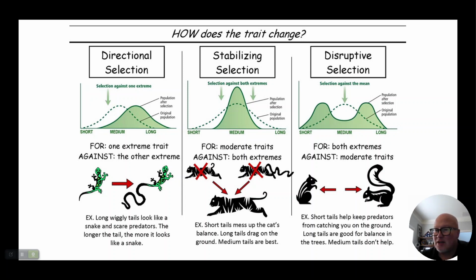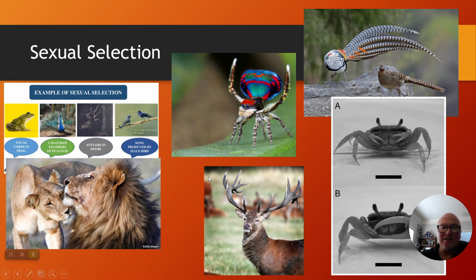So besides having an advantage as a result of either running or protection or whatever, what could cause the selection here? Well, let's back up one and take a look at something called sexual selection. Most characteristics in living organisms are caused by sexual selection, and females are typically the ones who make this decision.